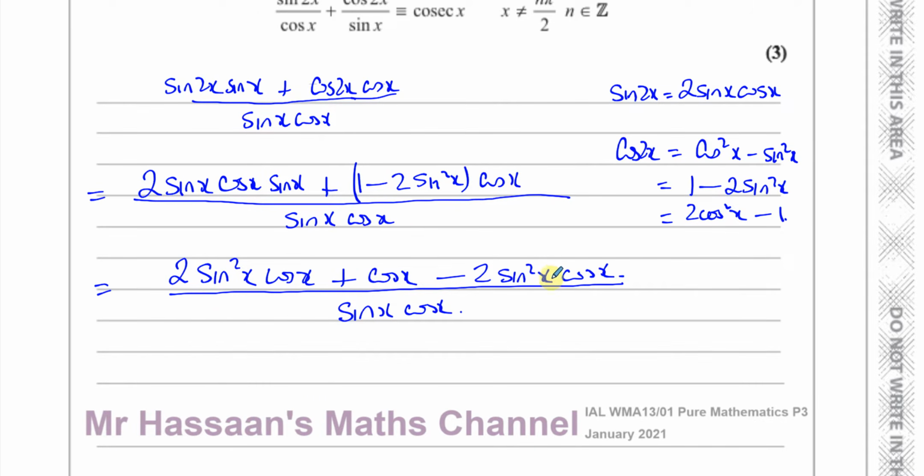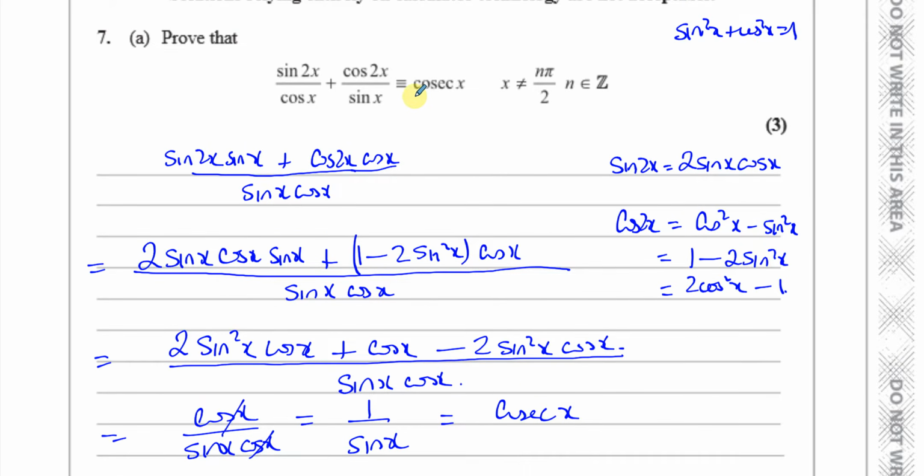Now these cancel each other out. 2 sine squared x cosine x minus 2 sine squared x cosine x becomes 0, and I'm left with just this, which is cosine x over sine x times cosine x, which cancel out. I'm left with 1 over sine x, which is equal to cosec x. So we've got there. We got to where we wanted to get to.